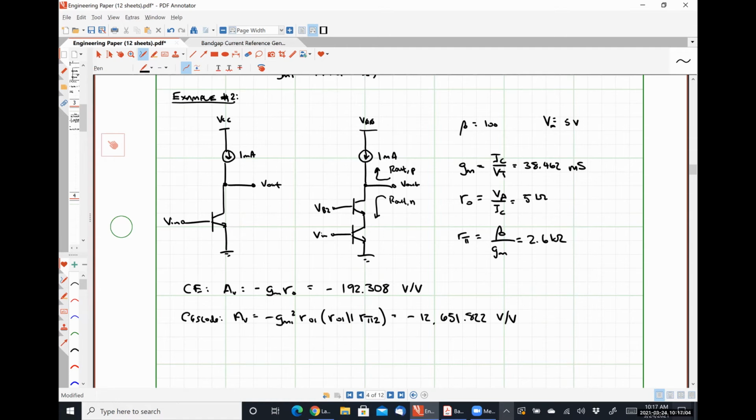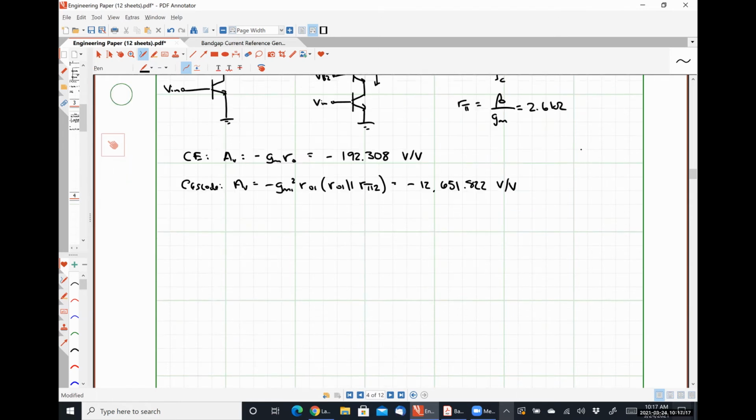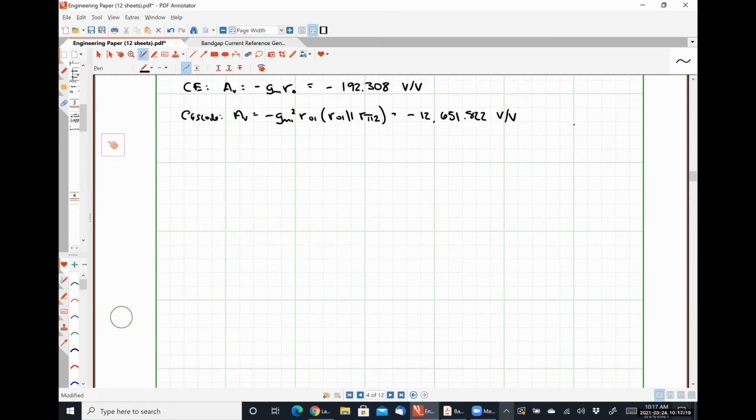Whereas if we went with cascode, we'd have two large resistances or impedances in parallel. And so while our gain is going to go down, it's not going to go down nearly as much as if we had done a single stage. So the proper way to realize a cascode amplifier then would look something like this.